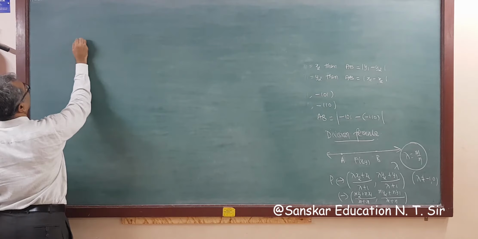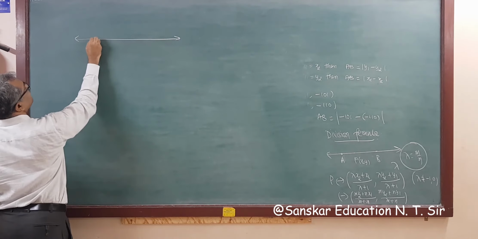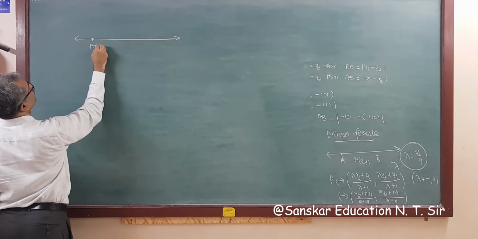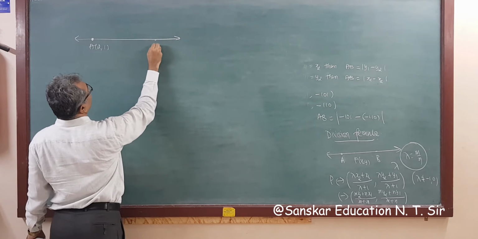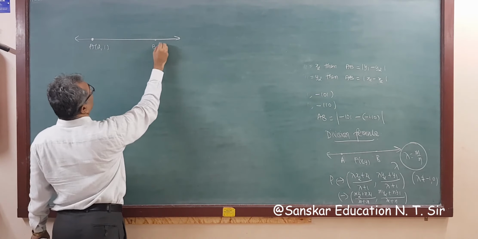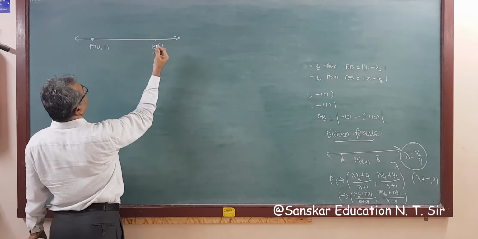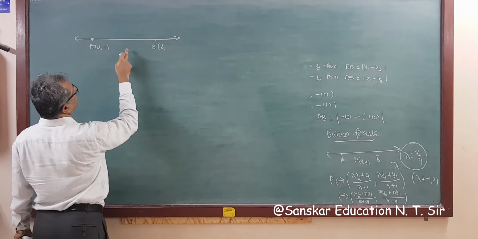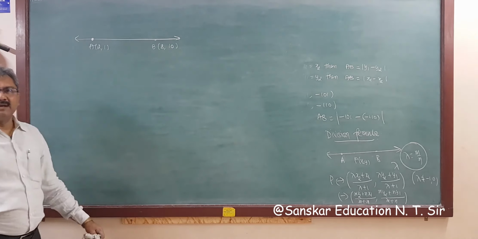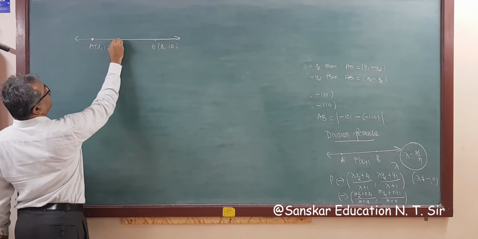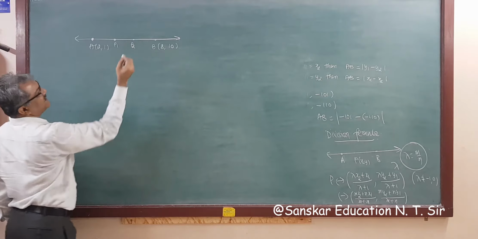Suppose this is point A (2, 1), right? And point B is (8, 10), right? And the question is to find the trisection points. Suppose P1 and P2 are your trisection points.